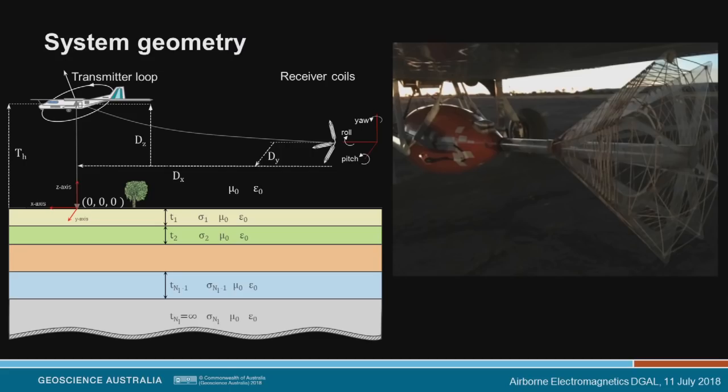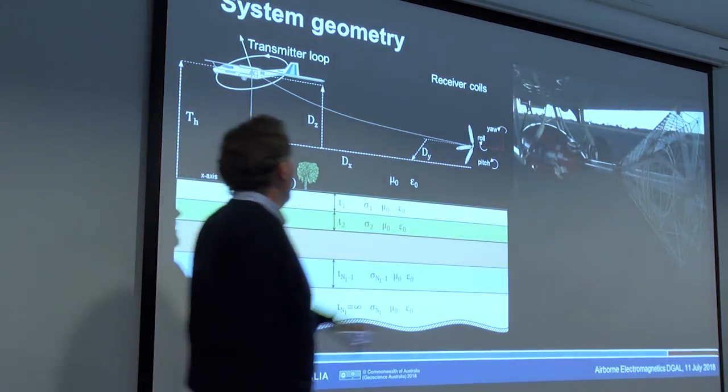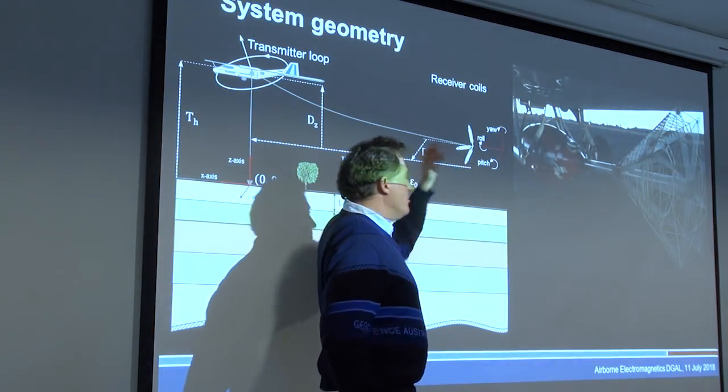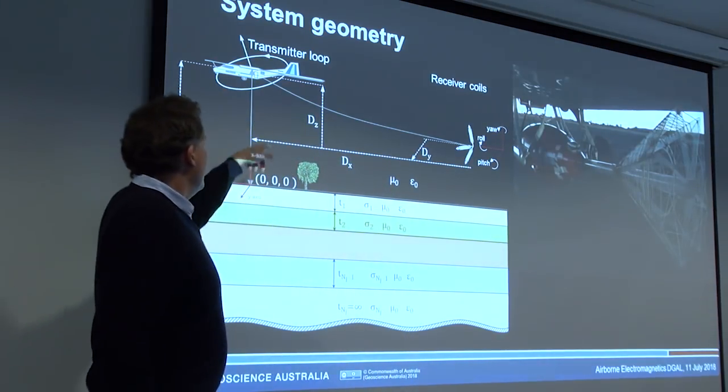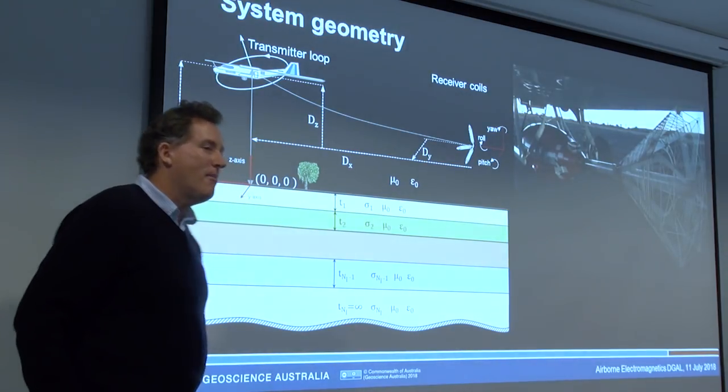Typically, when we model AEM data, we need to not only take account of the thicknesses and conductivities of the Earth, we also have to take account of about 10 different degrees of freedom of what we call the system geometry. So that's the height of the transmitter, the roll, pitch and yaw of the transmitter, the roll, pitch and yaw of the receiver, and the three components of the separation between the transmitter and the receiver.